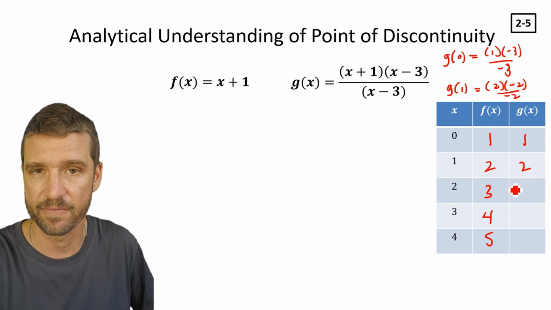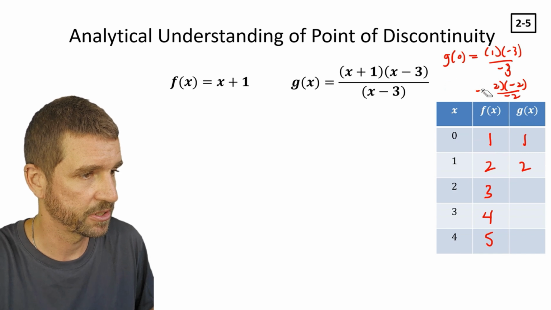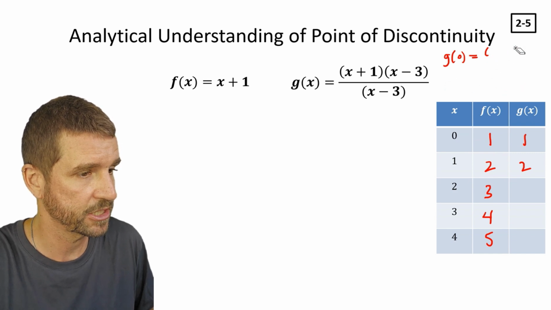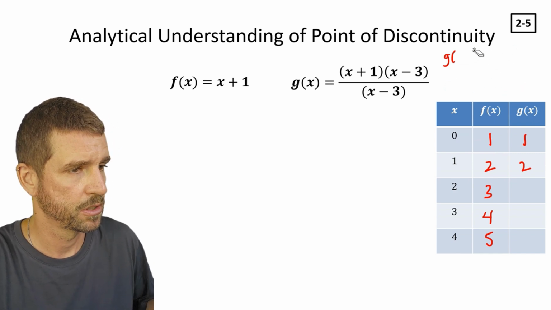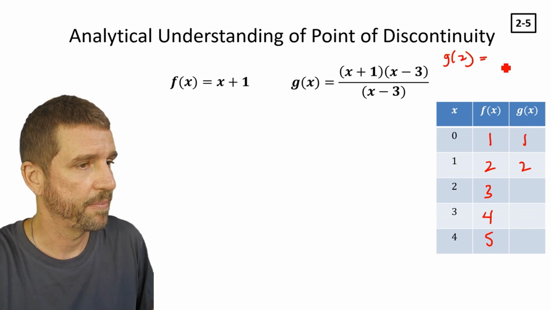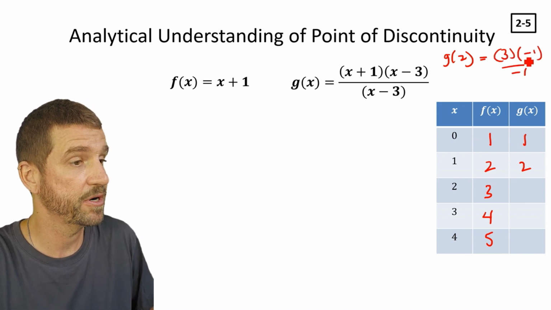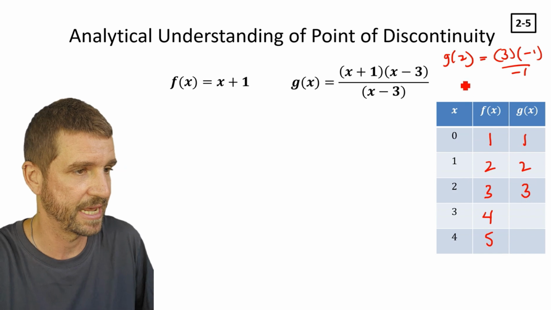So I get the same value there as well, okay? So for lack of room, I'm just going to erase these real quick. Let's try the next one, g of 2. When I plug in g of 2, what happens here? I get 3 times negative 1 over negative 1. Negative 3 over negative 1 is 3. I get the same number.